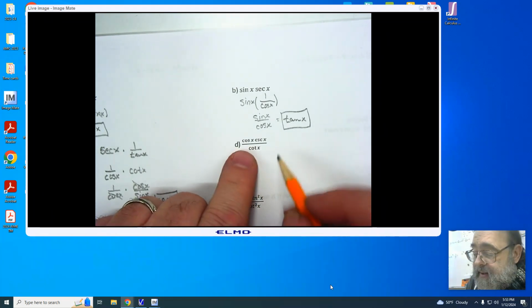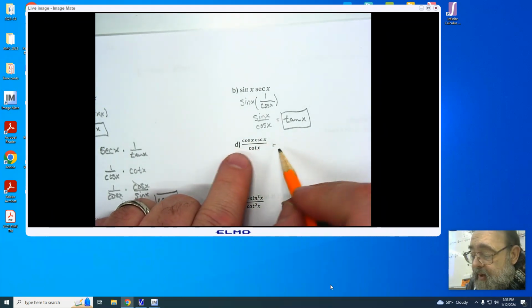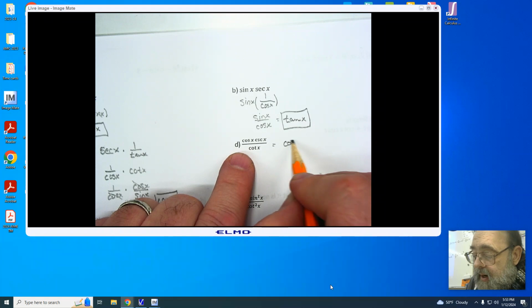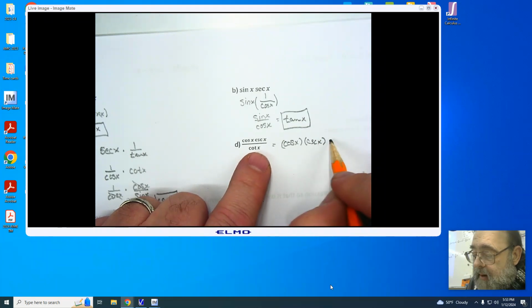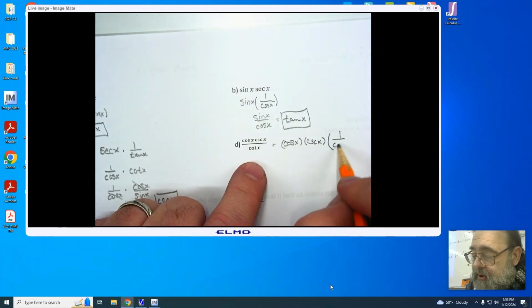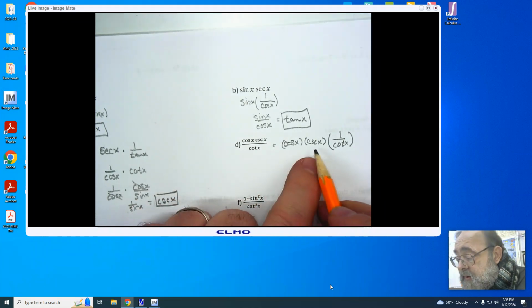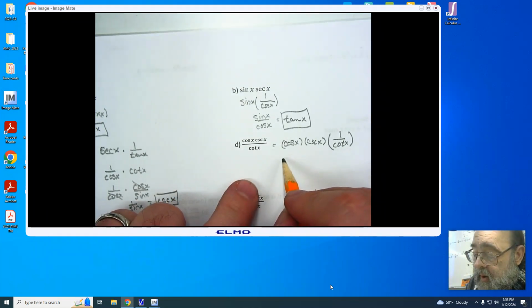Here, we're going to break this up again. We now have a product of 3 pieces. So I have the cosine of x times the cosecant of x times 1 over the cotangent of x. I know that the cosecant of x can be replaced by 1 over sine.